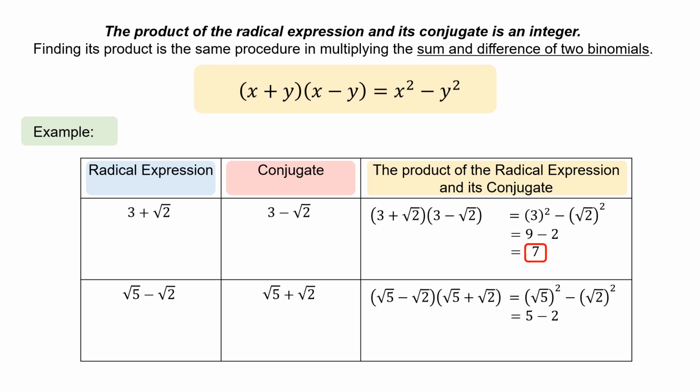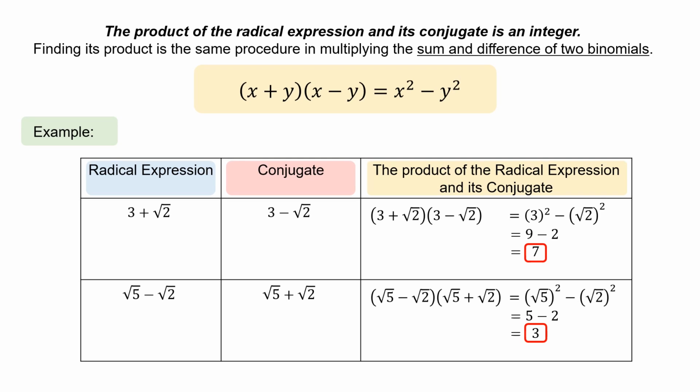At ang square of the square root of 2 naman is equal to 2. Equal ang mga index at ang mga exponent. Kaya cancel lang, di ba? Kaya we have 5 minus 2, which is equal to 3. O, diba? Nawala na uli yung binomial na may radical at ganun lang mag-multiply ng terms at ng kanyang conjugate.